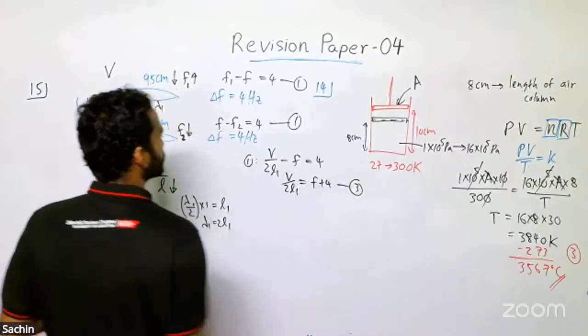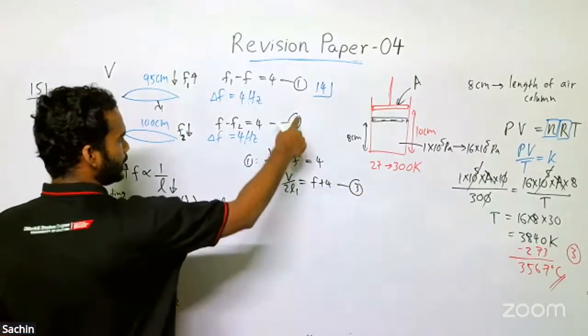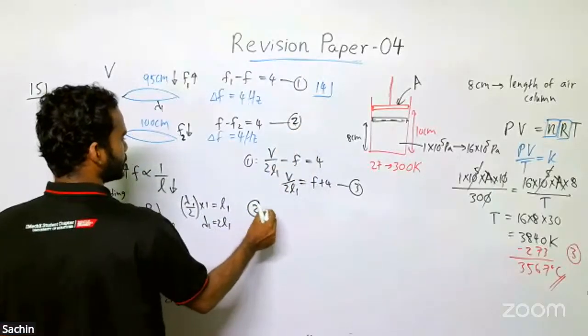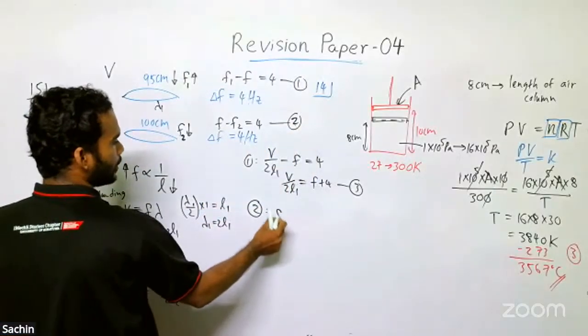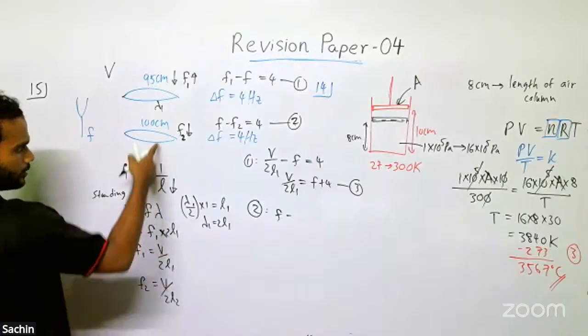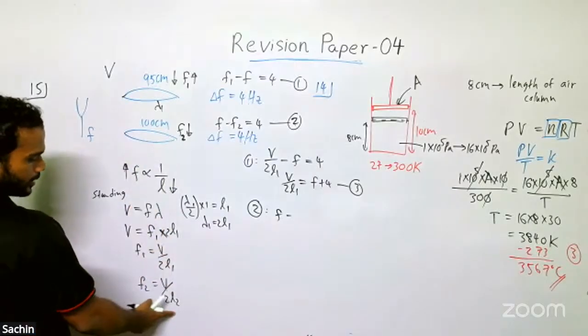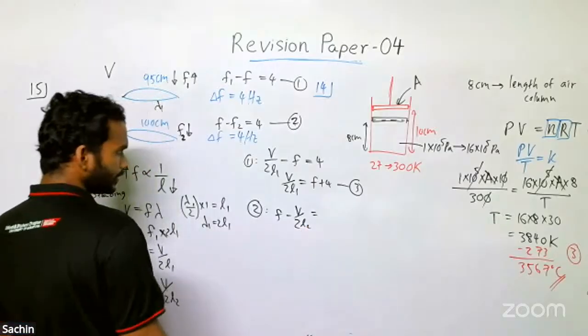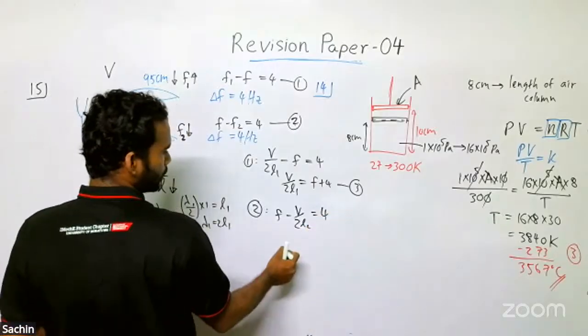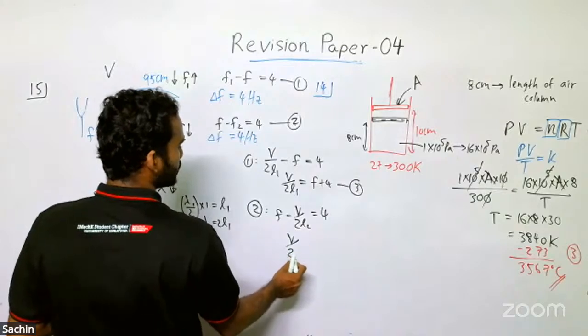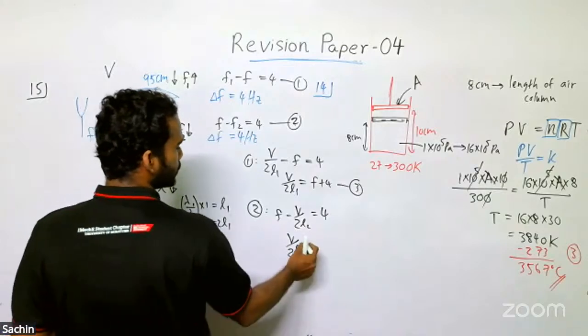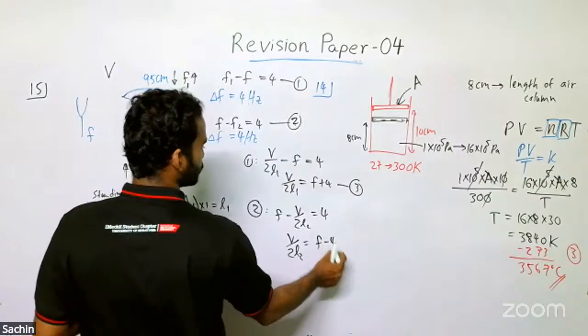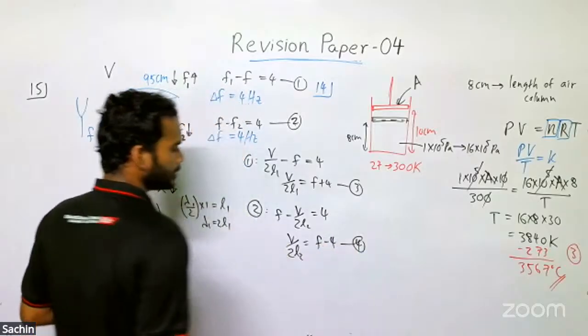Let's say this is the third equation. From the other equation, f minus f2, where f2 is the frequency of the second case, that is v over 2L2, is again equal to 4. So v over 2L2 is equal to f minus 4. Let me say this is the fourth equation.